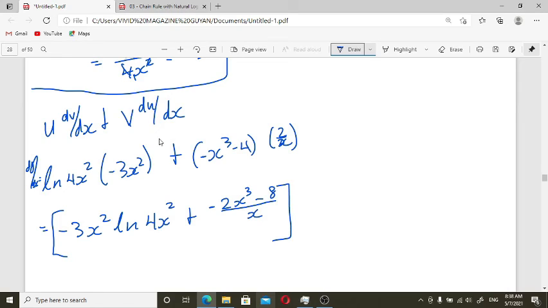Now, in order for you to actually simplify this, what you would do is divide here now by x as well, in order to quote unquote make life easier.